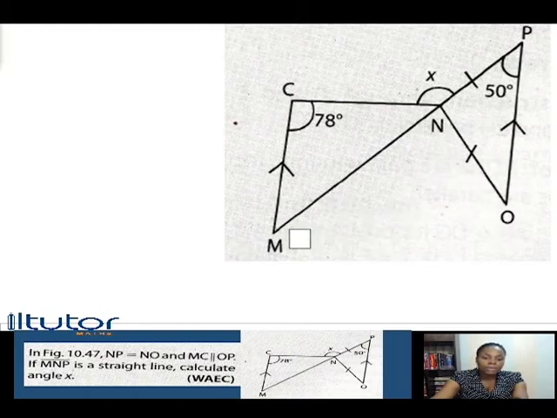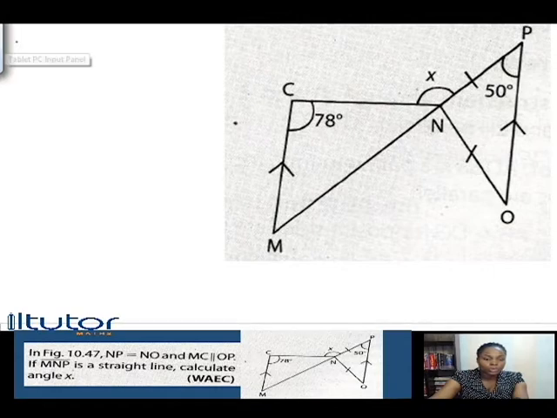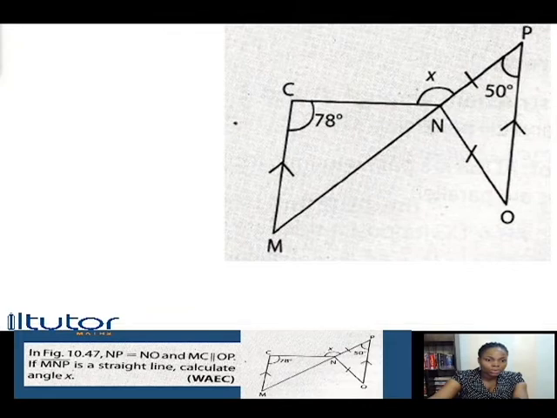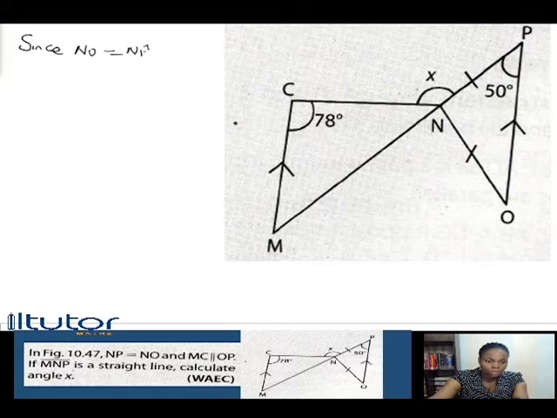Okay, let's start solving now. Since NO is equal to NP, it implies that triangle NOP is an isosceles triangle.